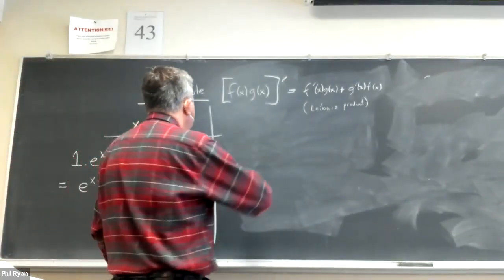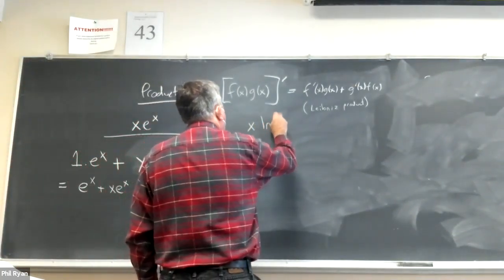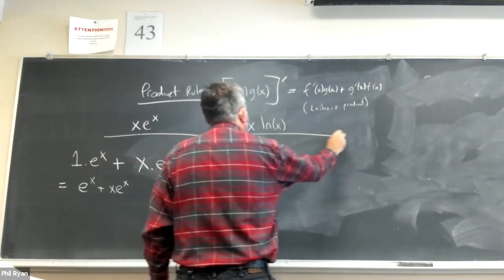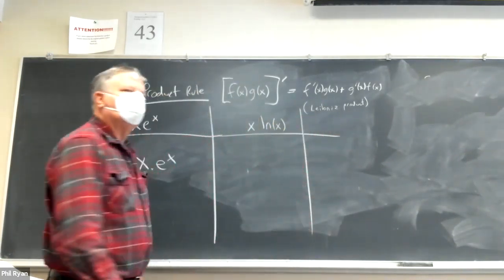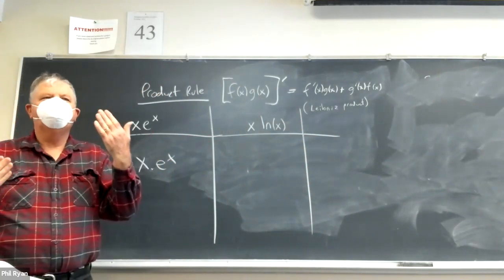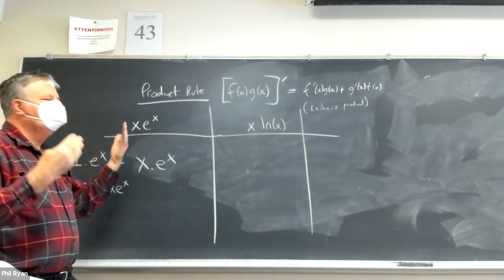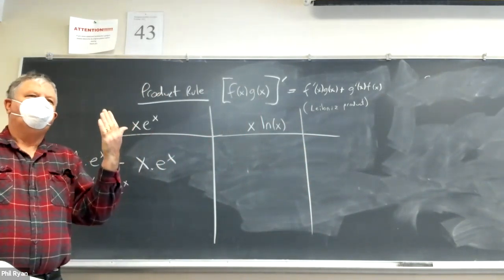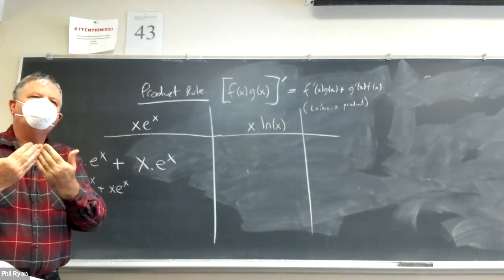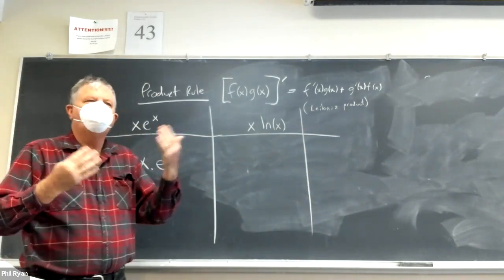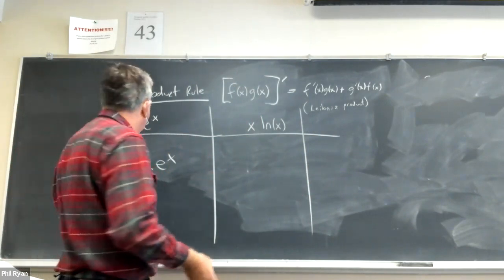Let's do x times ln of x now. Same thing. After a while, you just see that the functions are different, but they're put together the same way. So you just use the same process to handle it.